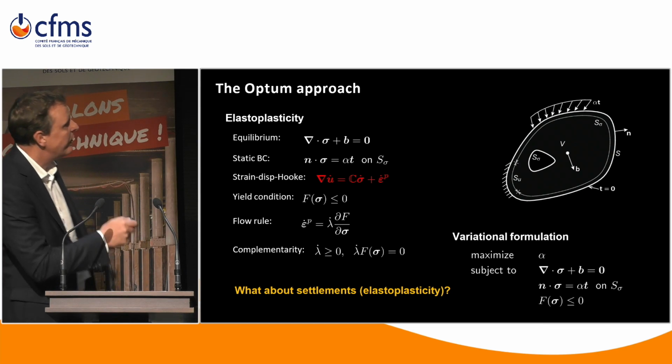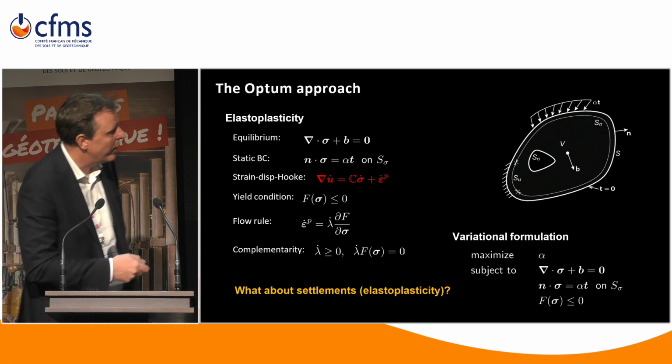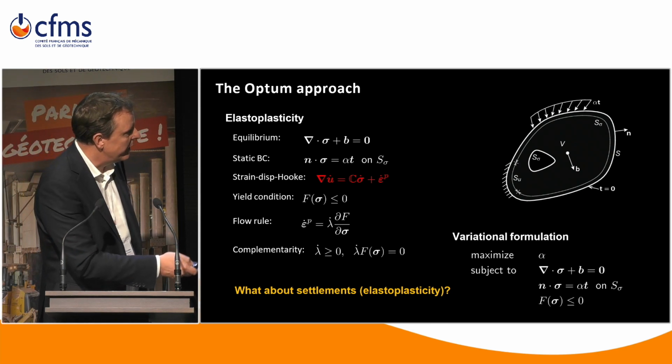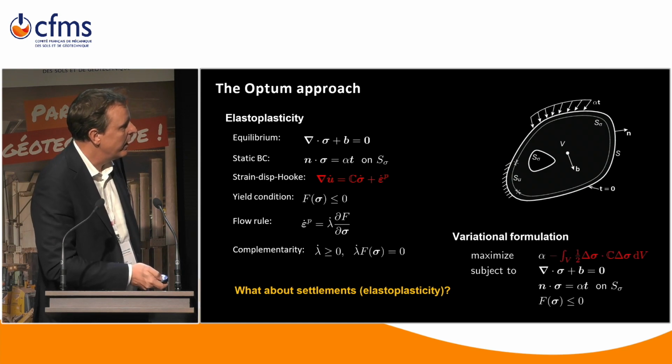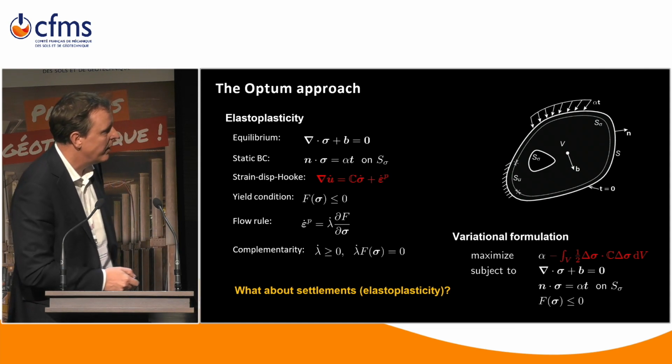And this modification of the governing equations manifests itself over here in the optimization formulation: you have an additional term in what we call the objective function, the function you actually, in this case, maximize. That's what we call the elastic complementary energy.